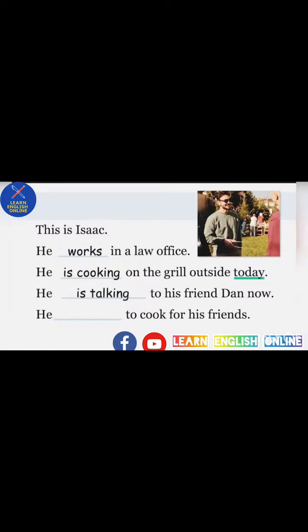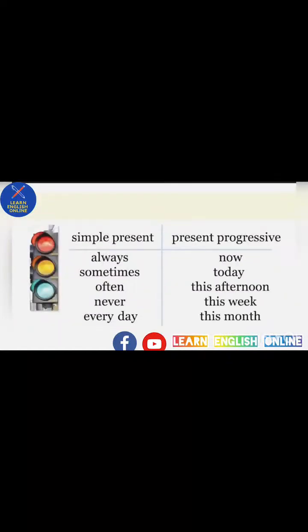He is talking to his friend Dan now. Now is a signal word for present progressive. And he likes to cook for his friends. Well, likes is one of those words that I can't put in the present progressive. It has to be in the simple present. And you learned about signal words to help you see these differences.